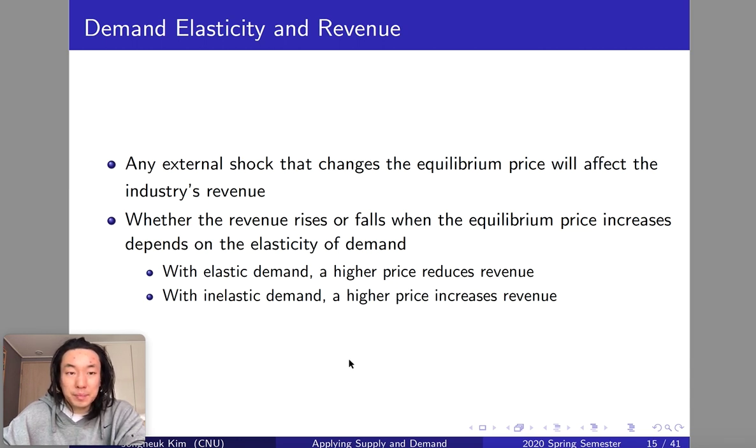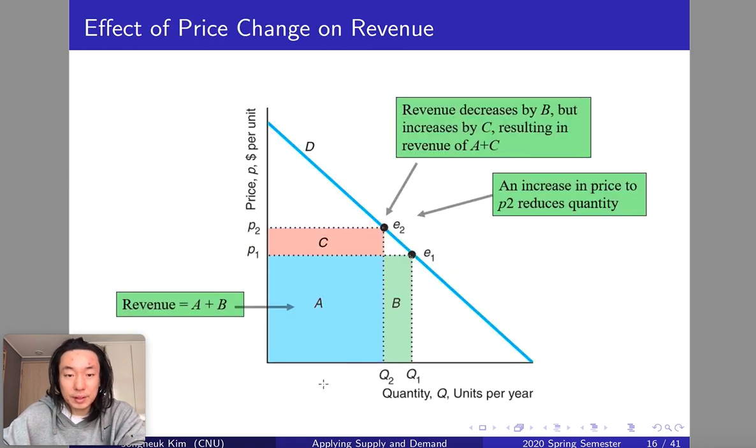So the demand elasticity is really related to the revenue of the firm. It is interesting. Let's look at the graph first. What is the definition of revenue? The definition of revenue is the price of that good times the quantity you sell. The price is the vertical line and the quantity you sell is the horizontal line.